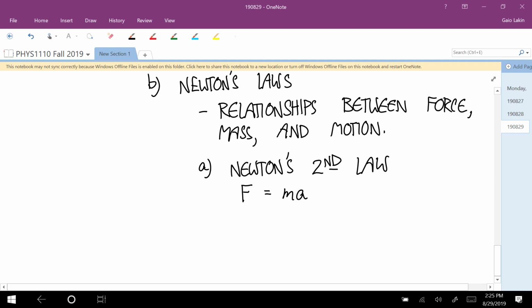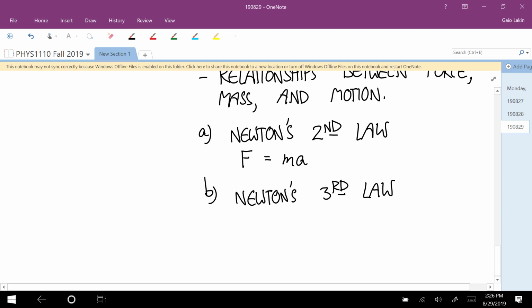And the second most important equation in this class, or the second most important relationship in this class, is Newton's third law. And Newton's third law, we'll talk about how to treat it mathematically. This doesn't really help too much with how to interpret it in a mathematical problem, but you've probably heard this before too. This is the one that says for every action, there's an equal and opposite reaction.